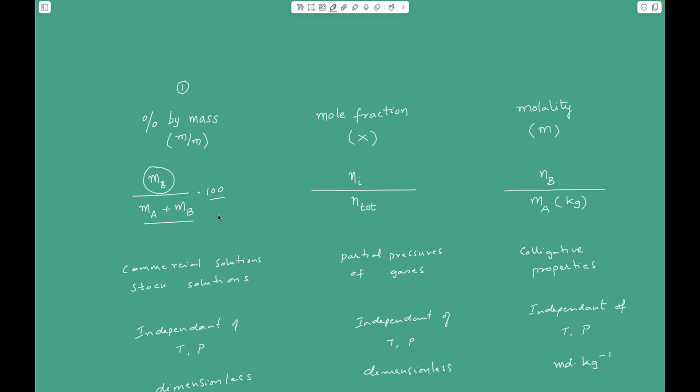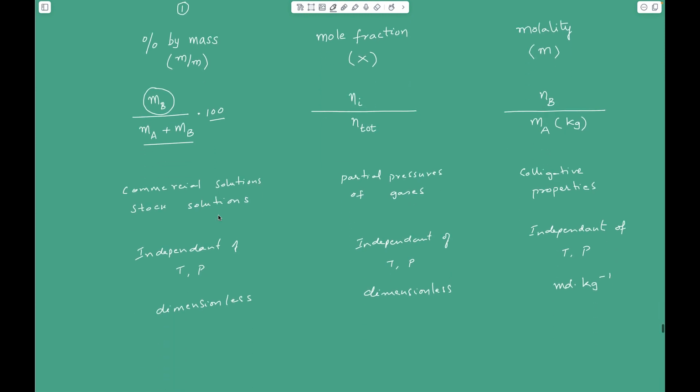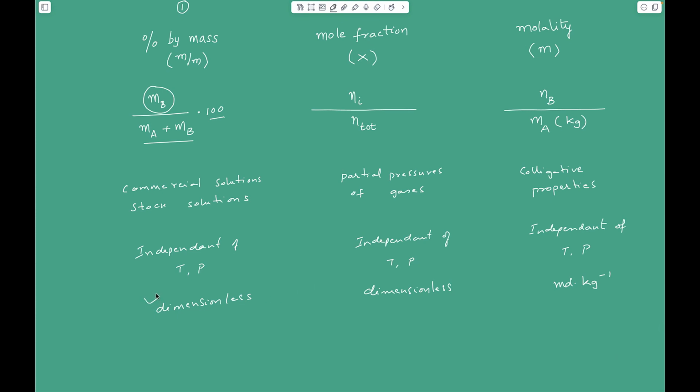And by one part, I mean a unit mass. It could be 1 milligram or 1 gram or 1 kilogram or something else. And it is dimensionless, it is independent of temperature and pressure. And it is used to express the concentrations of commercial solutions, stock solutions, etc.